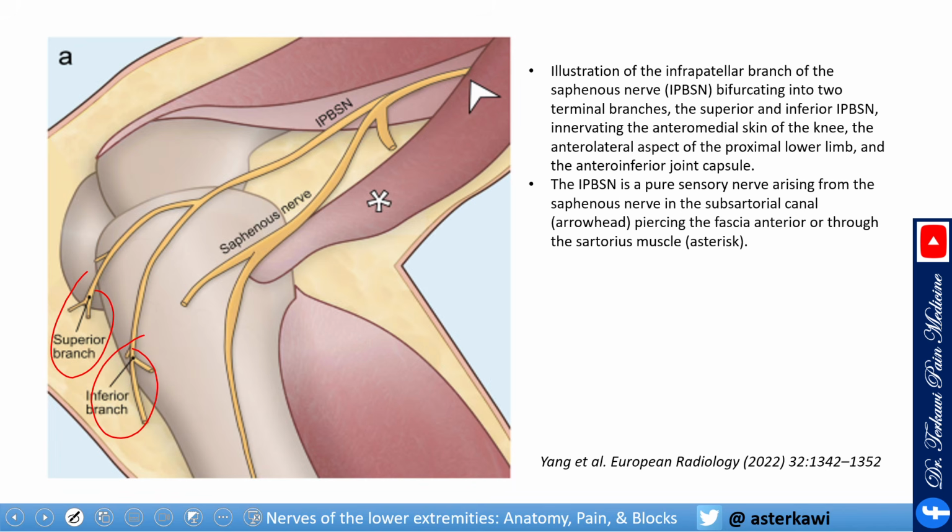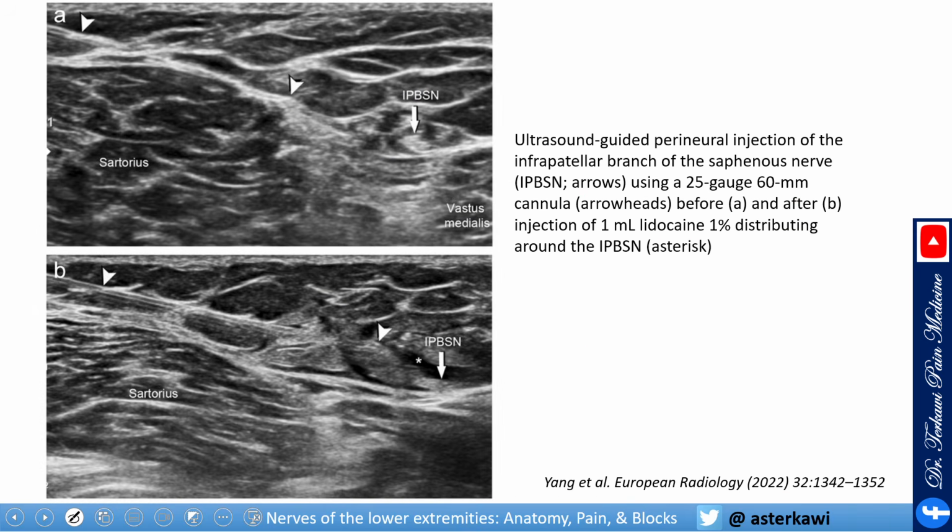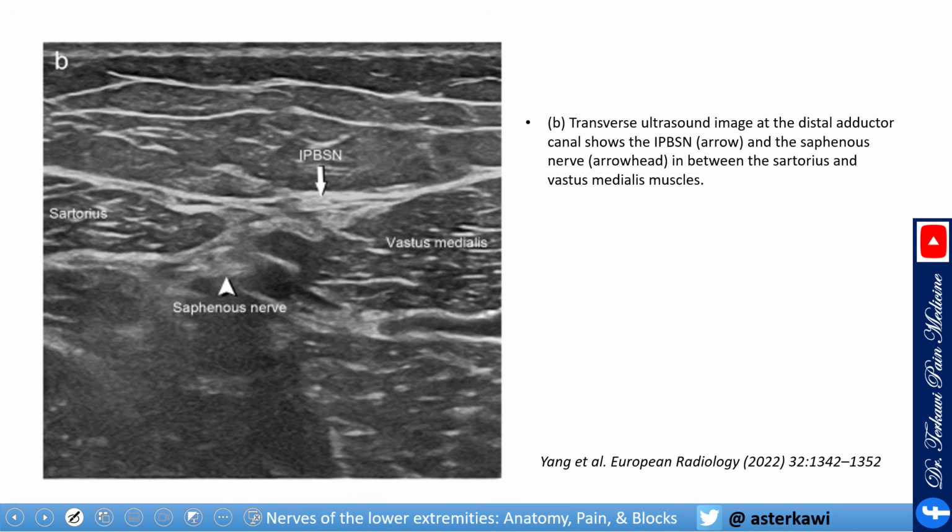It arises from the saphenous nerve in the subsartorial canal here, and it pierces the fascia anterior to the sartorius muscle. The sartorius muscle is moved a little bit so you can see the nerve. And then here you see the infrapatellar branch.